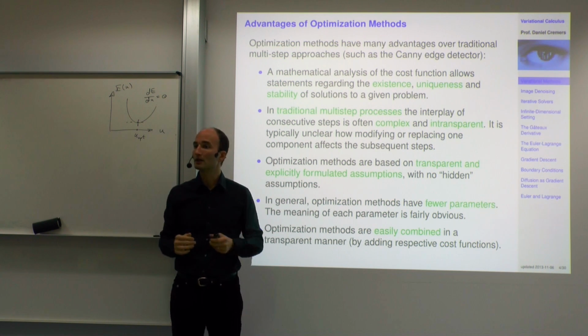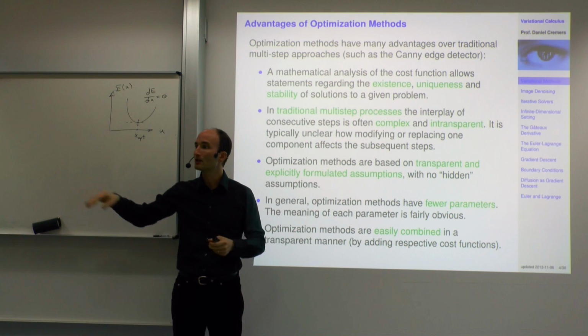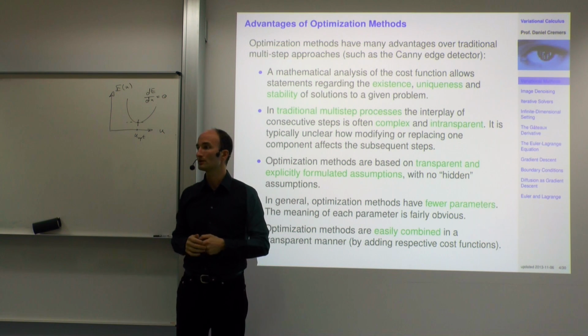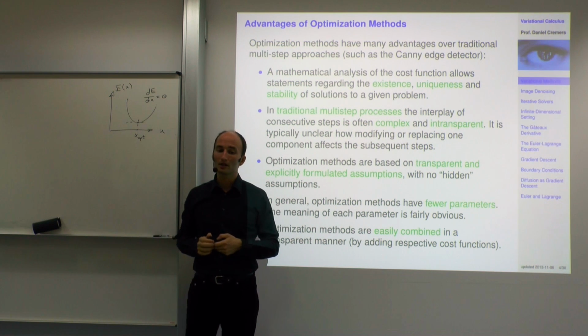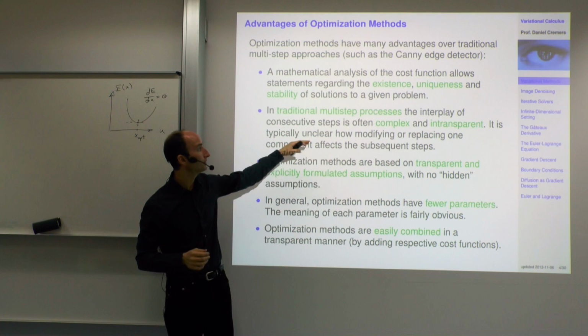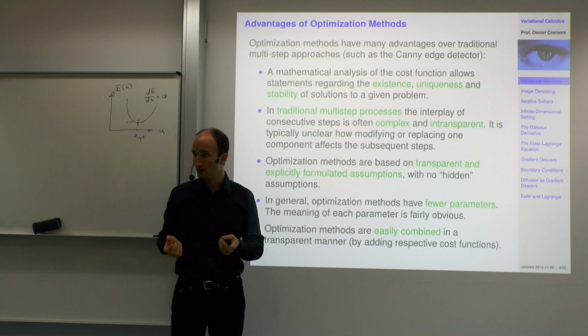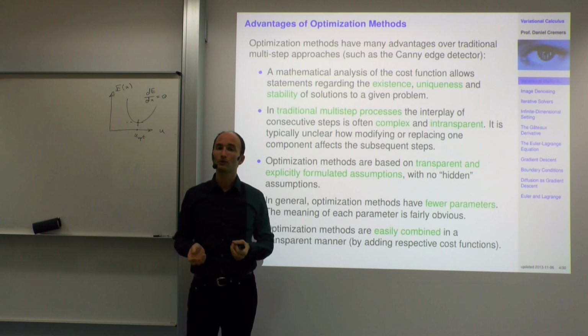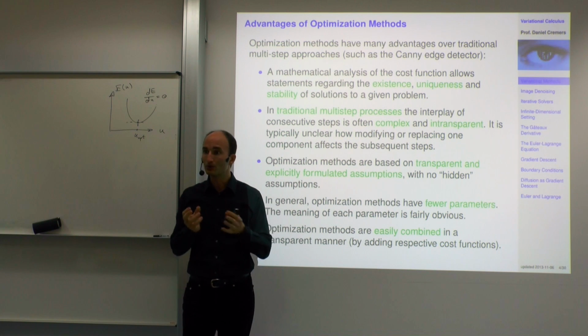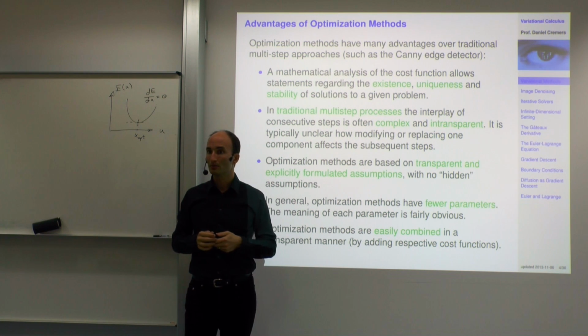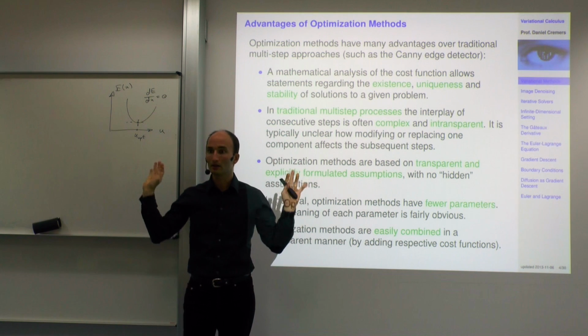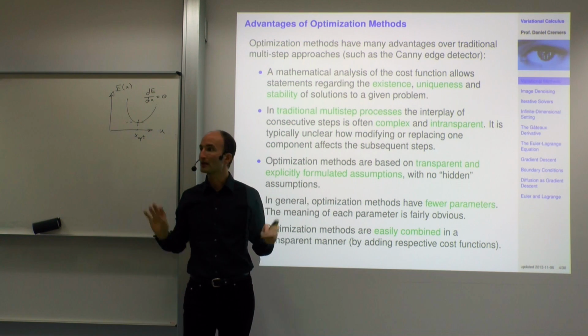Then step 5 will give a different solution, and that will affect all the subsequent processing modules in a somewhat unpredictable manner. And so the consequence is that these traditional multi-step approaches, although some of them worked very well, were very hard to adapt to new scenarios. Because if you go in and tweak, the whole system breaks down.